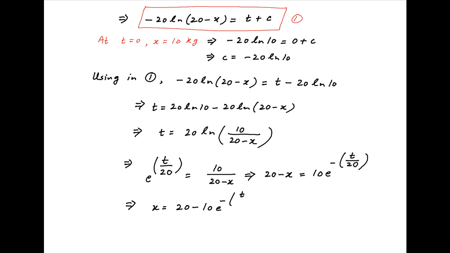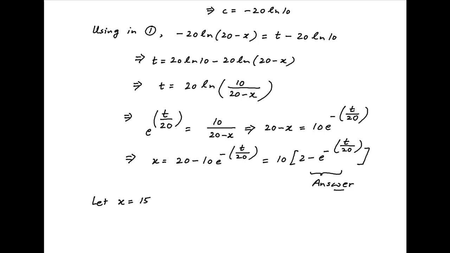It therefore follows that x is equal to 20 minus 10 times e raised to the power minus t upon 20. This is equal to 10 times in brackets 2 minus e raised to the power minus t upon 20.